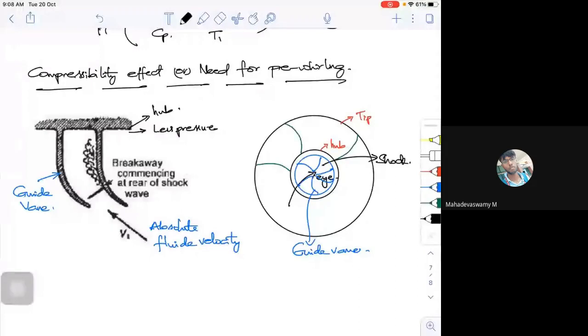The way of doing this is called pre-whirling. So this is called pre-whirling. Why is it done? It is done to reduce all these things. Now, if you want, we can write that also.